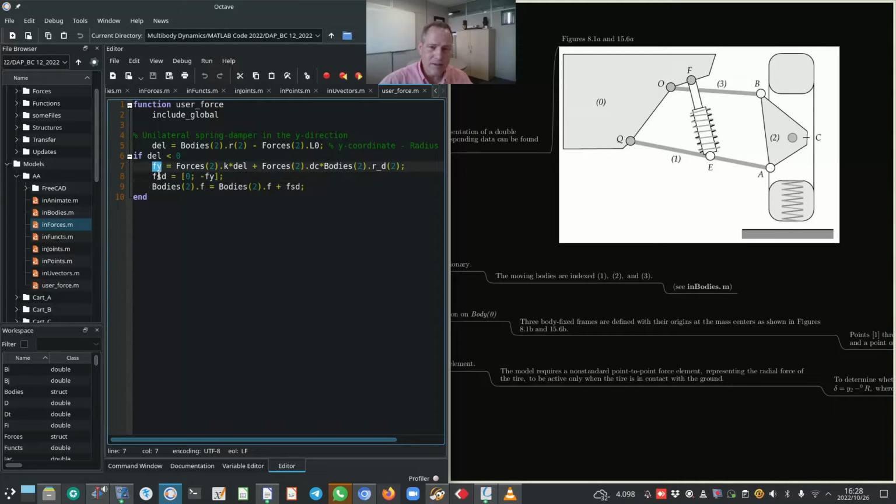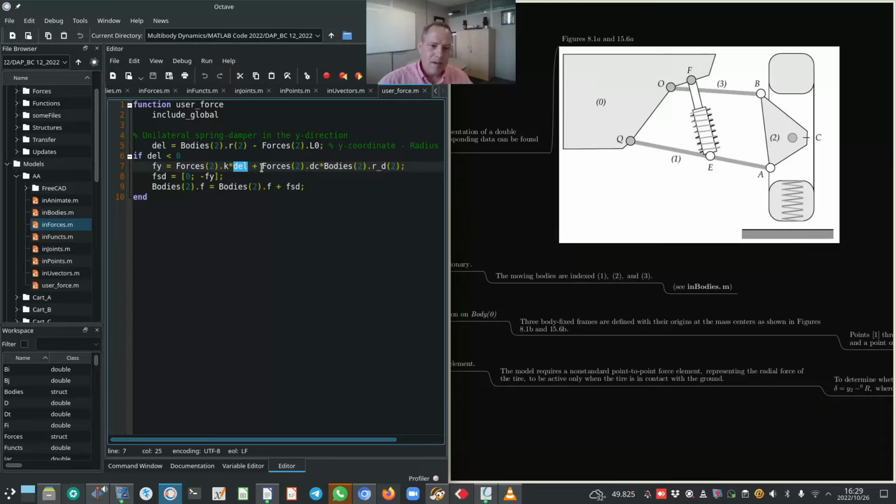To understand why, the deformation del is calculated here and it will be a negative value. So the stiffness multiplied by the negative value, we need to change the sign around because the force is actually acting upwards in the positive y direction.